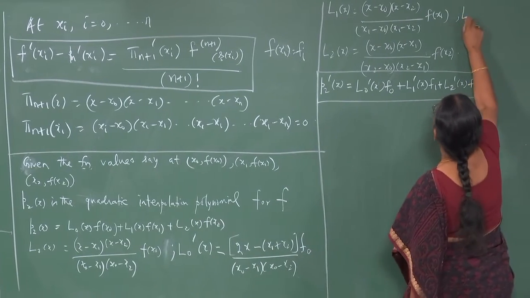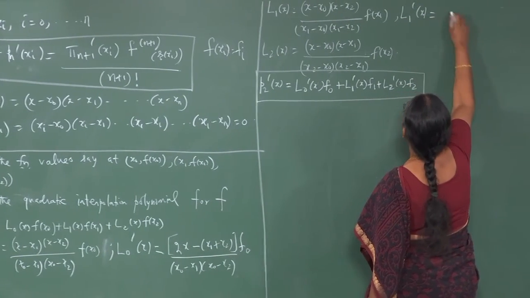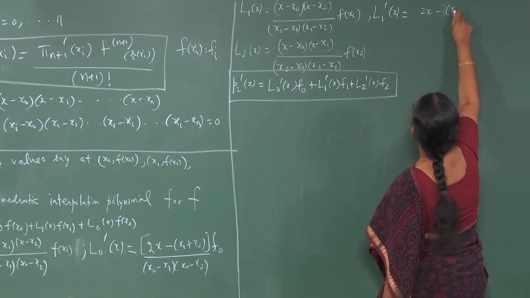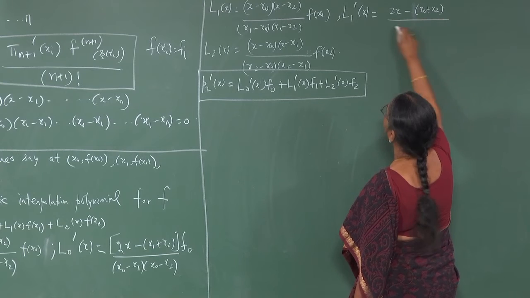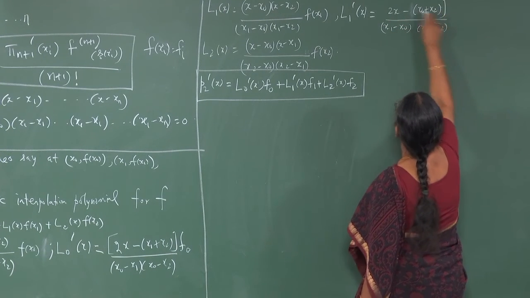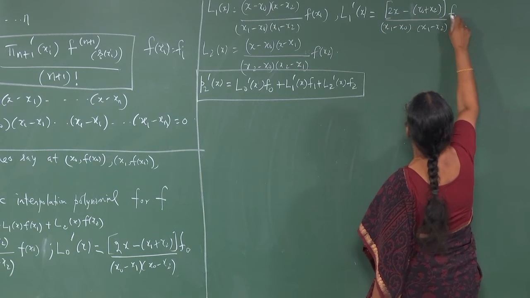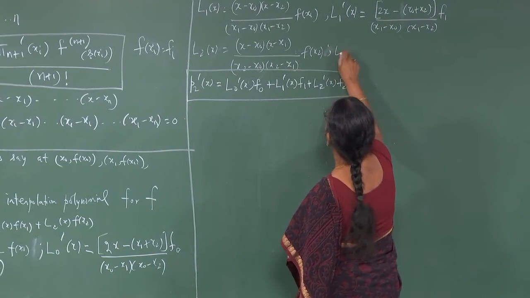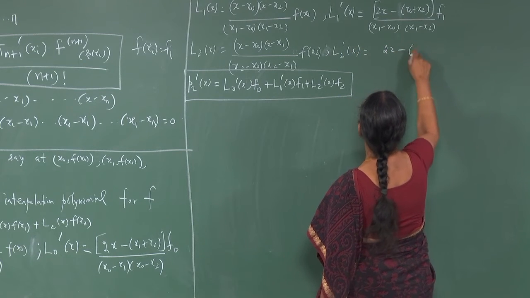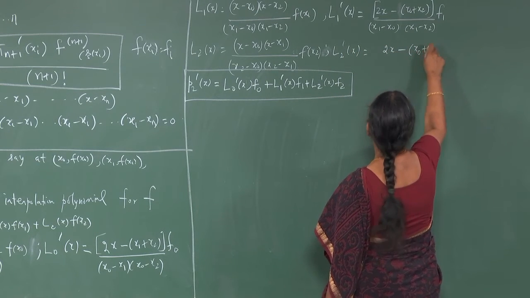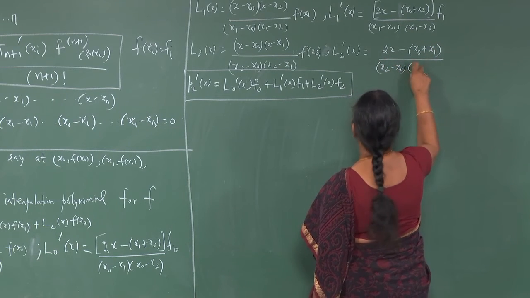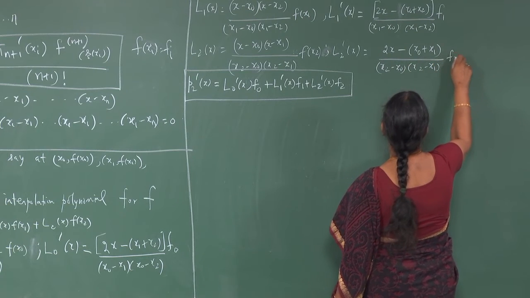Similarly, we compute L1 dashed of x. That is (2x minus (x0 plus x2)) by (x1 minus x0) into (x1 minus x2), multiplied by f at x1. And L2 dashed of x will be again (2x minus (x0 plus x1)) by (x2 minus x0) into (x2 minus x1), into f at x2.